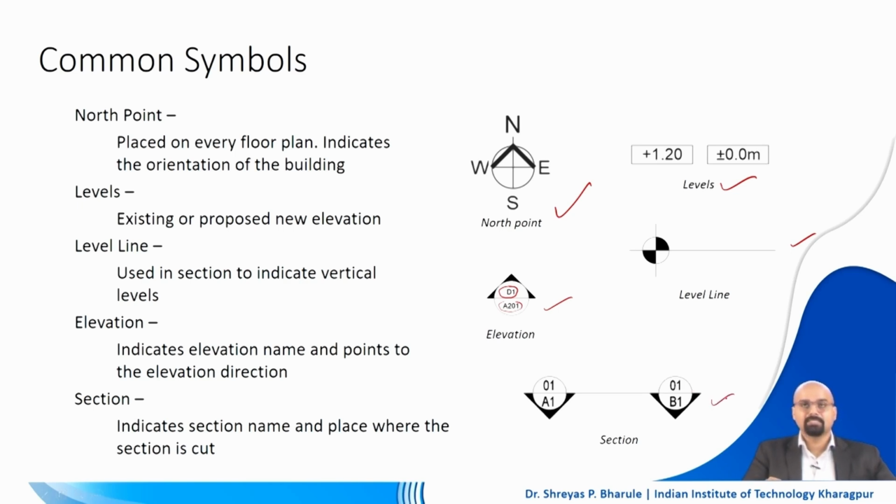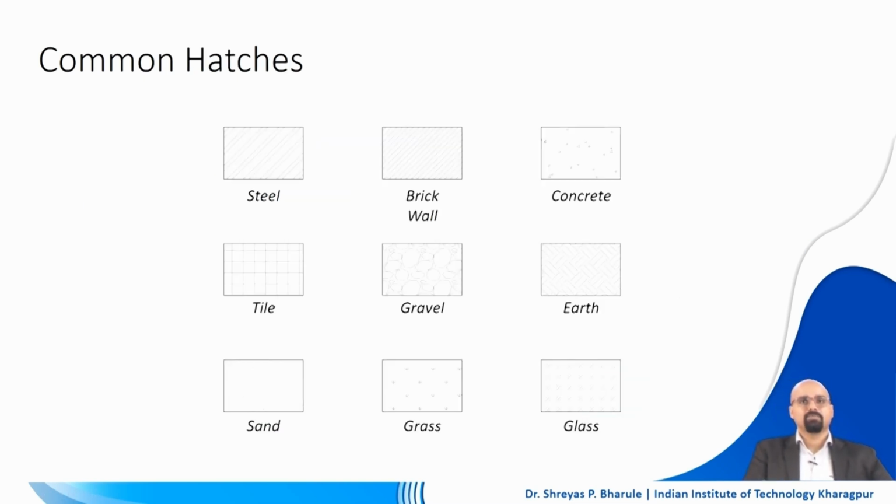Now typically this comes in a plan drawing. This is where the section line will cut the building. So for example, if you have a building block like this, this is where it will cut the building, and then you will draw the section which will be looking in this direction, right. So you will draw the sectional elevation for this particular part. So those are the common symbols.